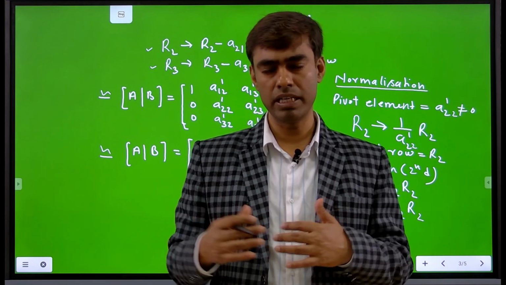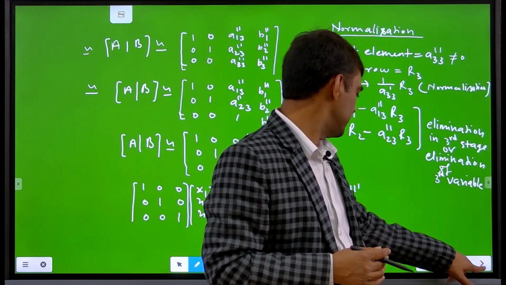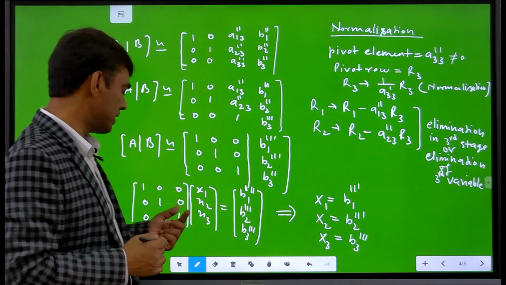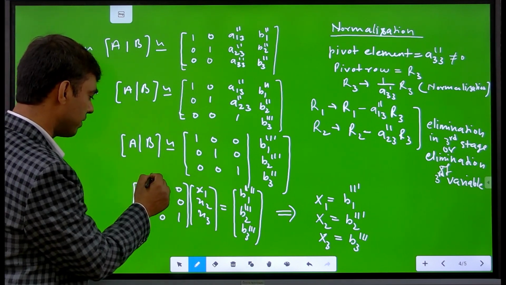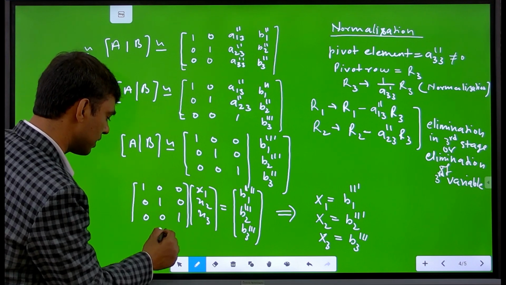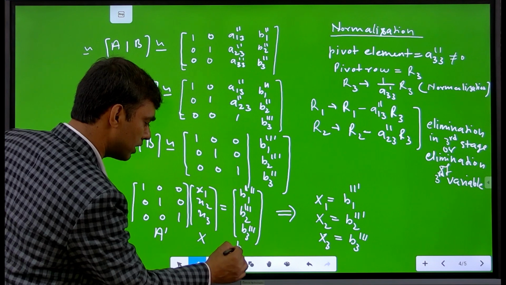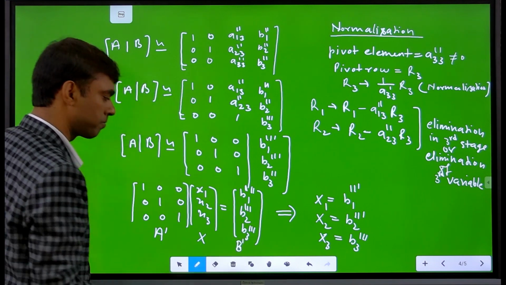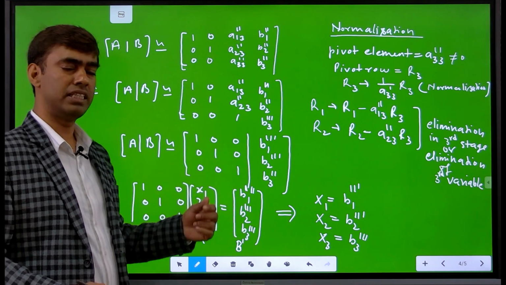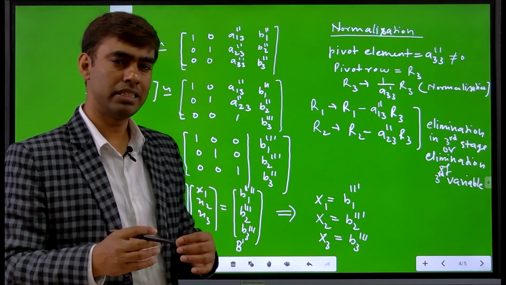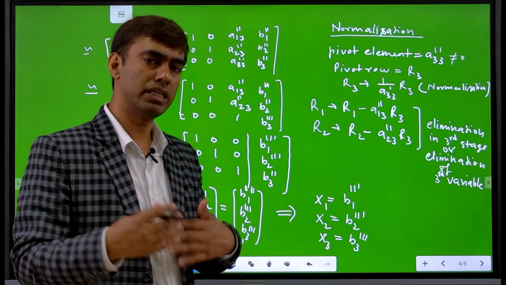Once we complete the forward elimination, the given system of linear equations is reduced to this form: the modified matrix A is converted into a diagonal matrix, this is X, and this is the modified value of B, B1 triple dash, B2 triple dash, B3 triple dash, meaning the original values of B1, B2 and B3 have changed three times.